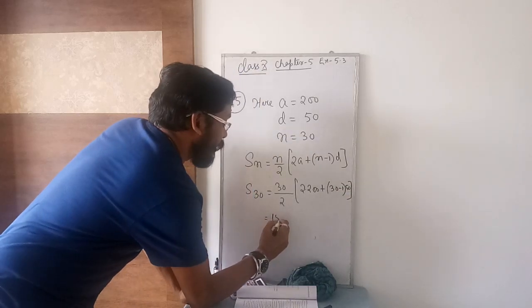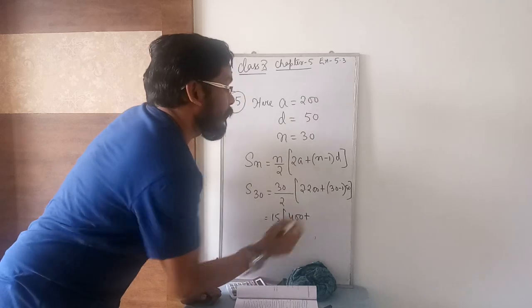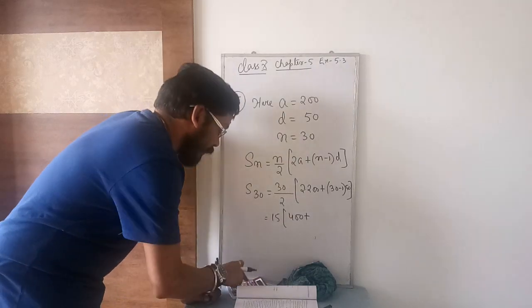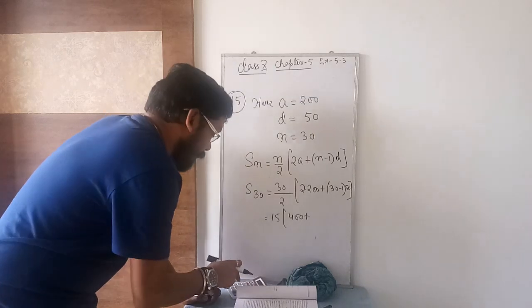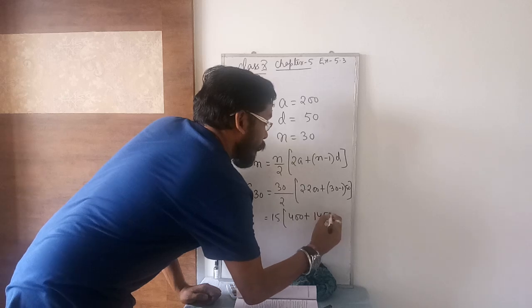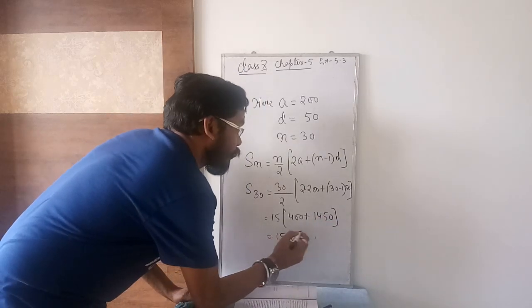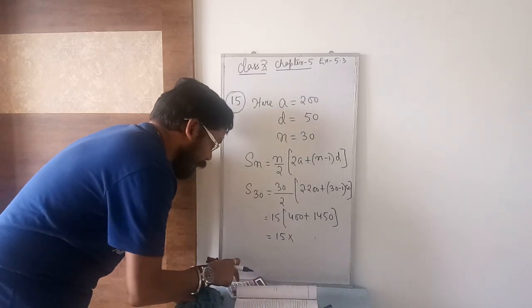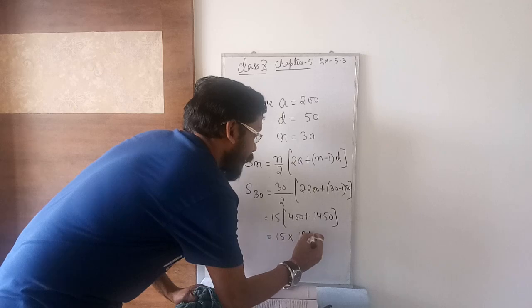So if you cancel it, it is 15 into 400, plus 30 minus 1 is 29, 29 into 50 is 1450. So it is 15 into, 400 plus 1450, you will get 1850.